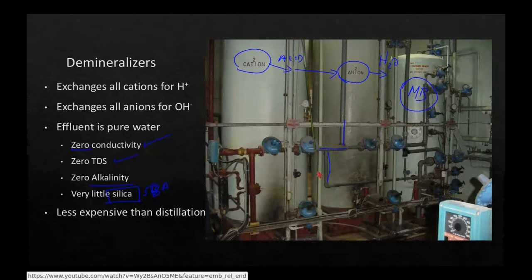This is just one bank, so there are two of them side by side or maybe multiples. And the whole idea is that we can regen one while the other one is online. And depends upon the size of the plant and how much their makeup water requirements are. There might be several of these banks, all in different stages of being in service or being backwashed or regenerated.